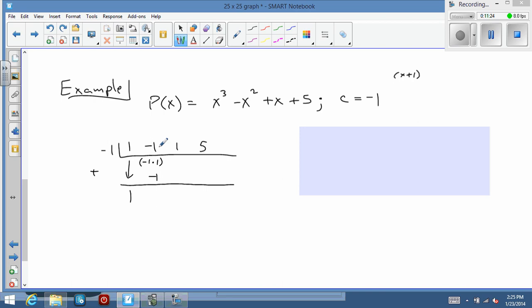We are adding: -1 plus -1 is -2. We're going to go back to that -1 to multiply by that -2, and that gives us a +3. 1 plus 3 is 4. Now we go back to -1 times the 4, which is -4, and 5 plus -4.